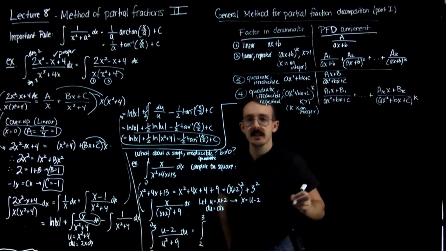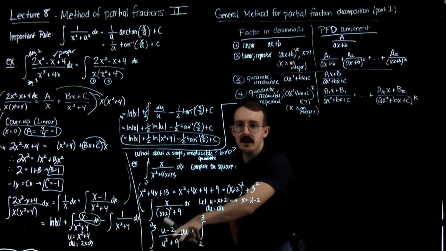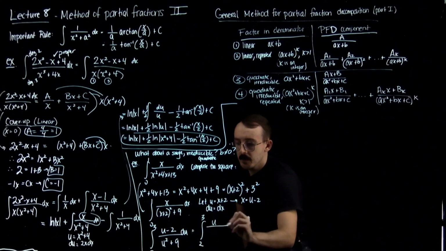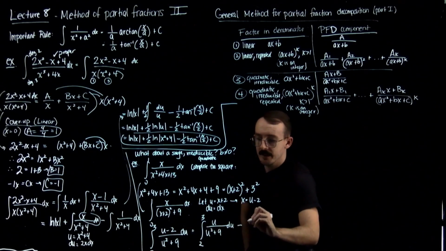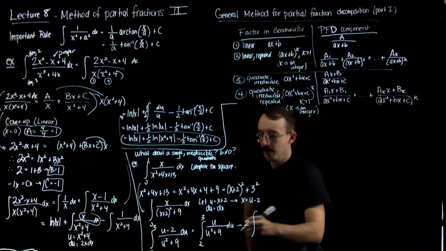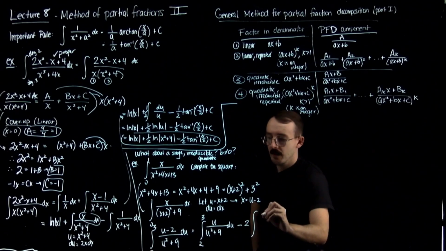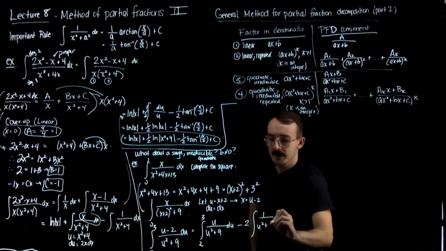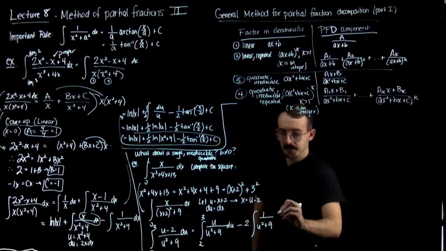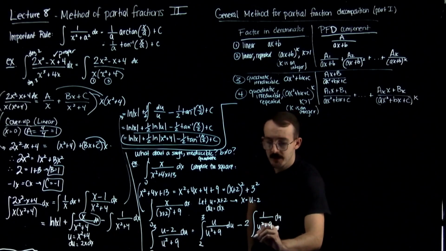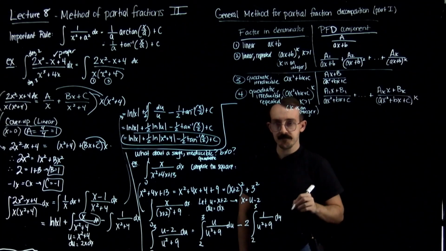And then a similar idea to the last problem, I'm going to split this up. So I'm going to say this is u over u squared plus 9, minus 2, just factor that 2 out, and then this is going to be 1 over u squared plus 9 du. And now I have two separate integrals to work with here.